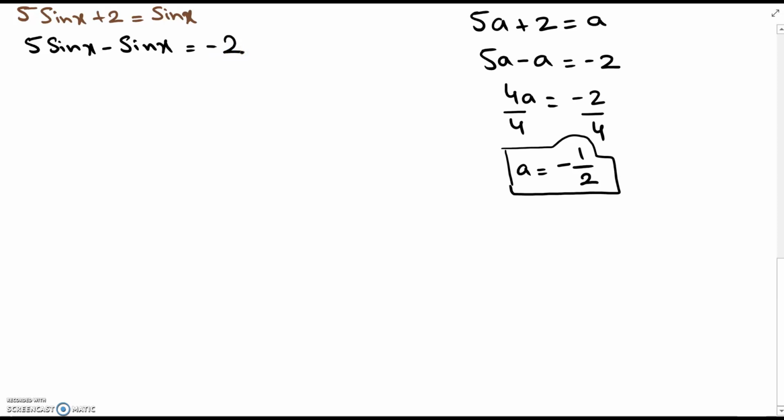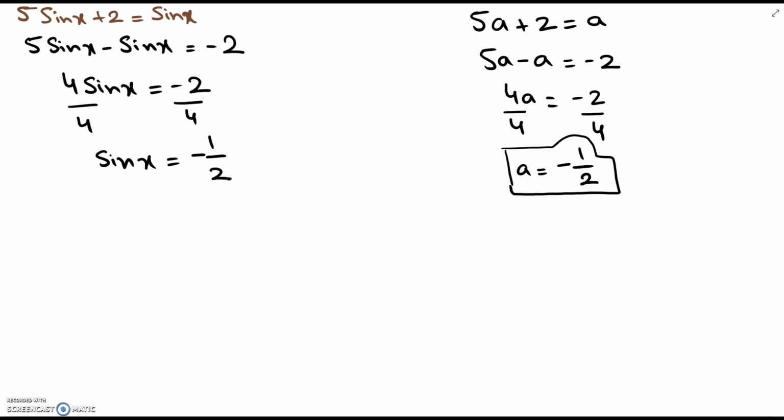Now 5 sine x minus sine x is going to be 4 sine x equals negative 2, and then divide by 4 on both sides. This is going to be sine x equals negative 1 over 2. Okay, now look here, in these questions you need to find the value of x.